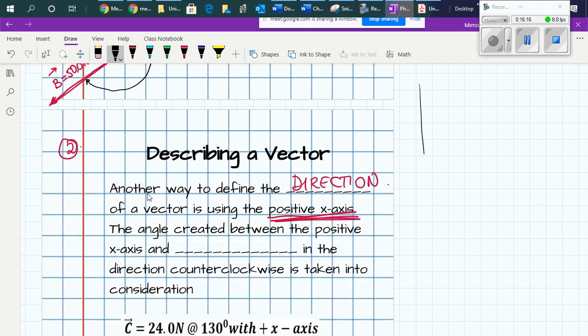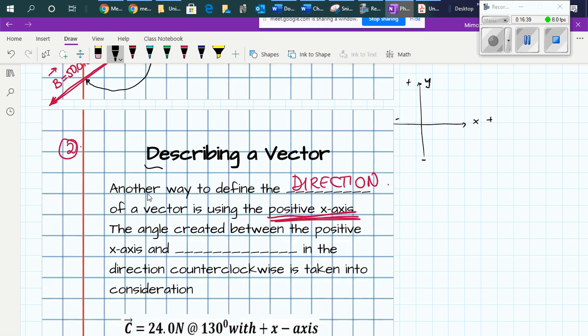In math, we are using Cartesian axes, so it is the x and y axes, and x is positive on the right, and y is positive up, and then the rest of them are negative. So y going down is negative, and x going to the left is negative.